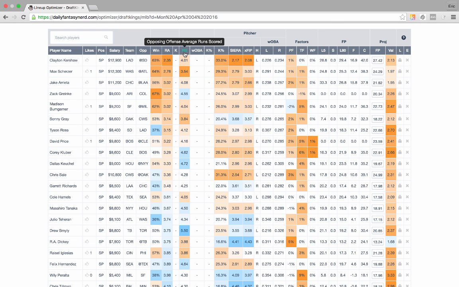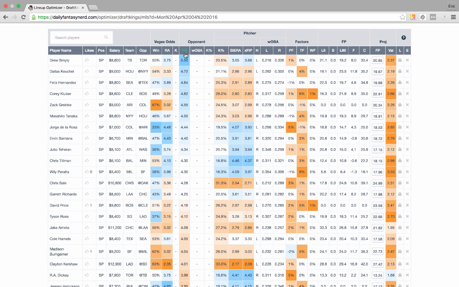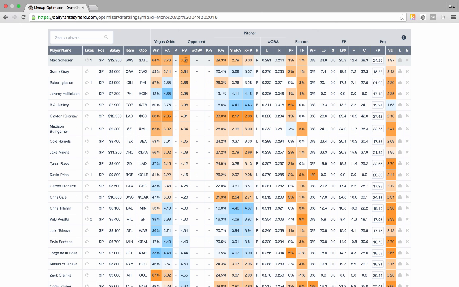Next we have opposing offense average runs scored. So this currently is based off of 2015, and we'll update this for 2016 once we have a larger sample size. But it's a good way of getting an idea of whether the pitcher is pitching against an offense that for the season has done well or pretty poorly. Next we have opposing starting lineup average wOBA.